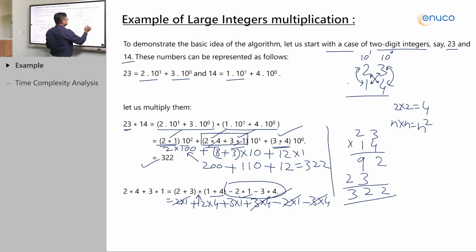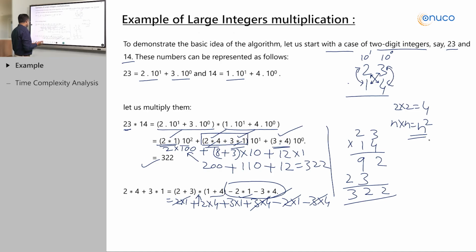In regular multiplication, we have time complexity of n square. If we are able to reduce it to something lesser than n square, maybe between n to the power 1 and n square, then we can say that the divide and conquer strategy for large integer multiplication has lesser time complexity.